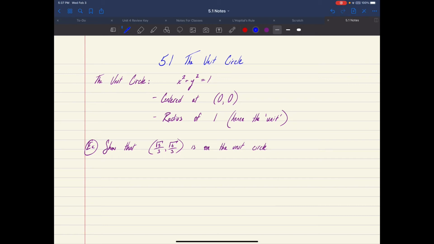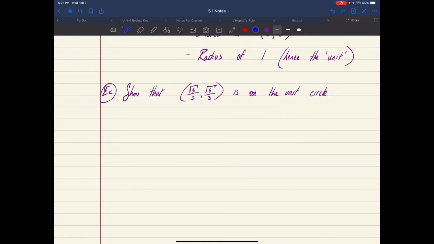Okay, so example here, show that root 3 over 3, comma root 6 over 3 is on the unit circle. So it gives us a coordinate point, and we just need to verify this is on the circle. Well, it's an x and y coordinate we have, and then the equation of the unit circle is x squared plus y squared equals 1.